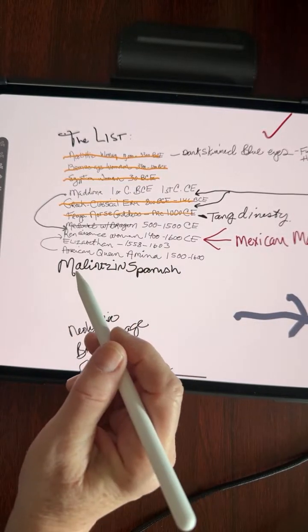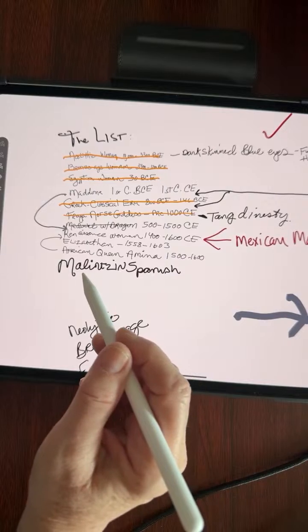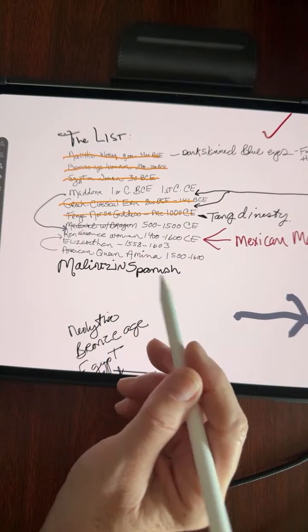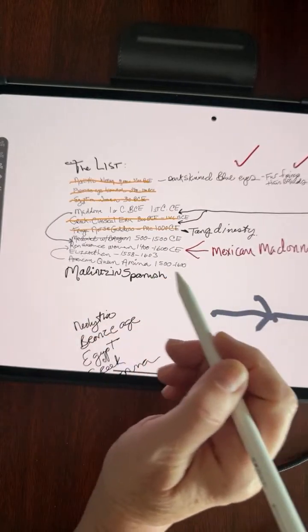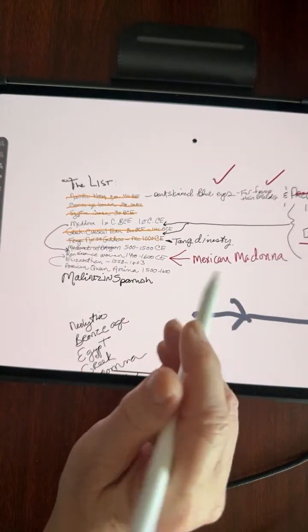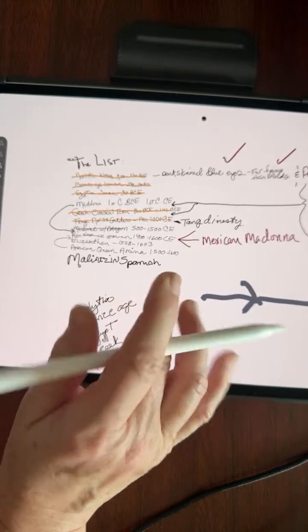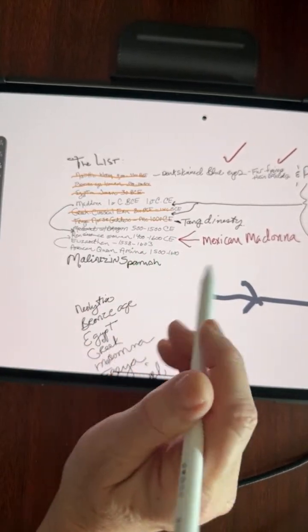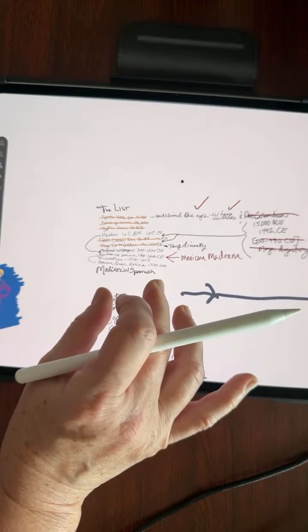And then there's also a Mullinetan Spanish, which, I'm sorry, I'm not pronouncing my own notes right. And I have to find out where that comes into date-wise. I think it's up here somewhere after the Renaissance.